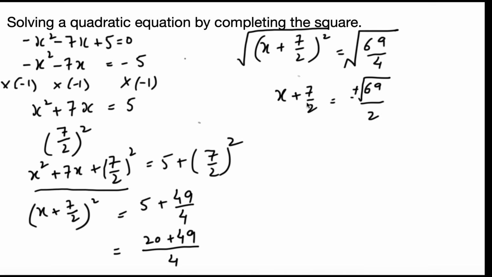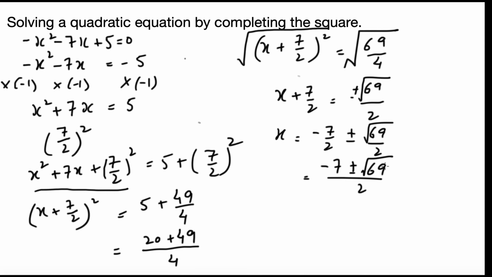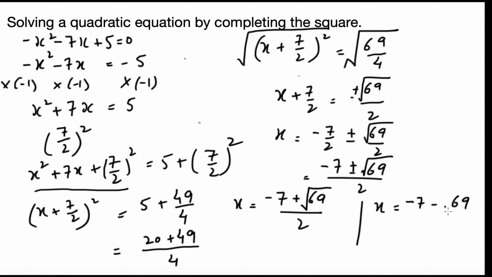If we move the constant to the right, so x is equal to minus 7 plus square root of 69 over 2, x equal to minus 7 minus square root of 69 over 2.